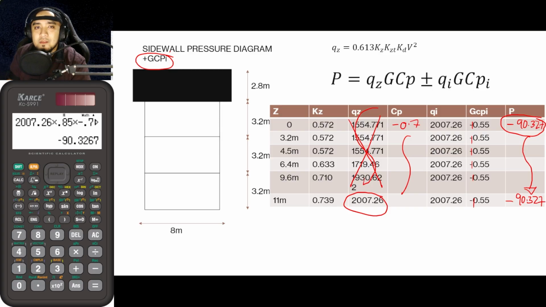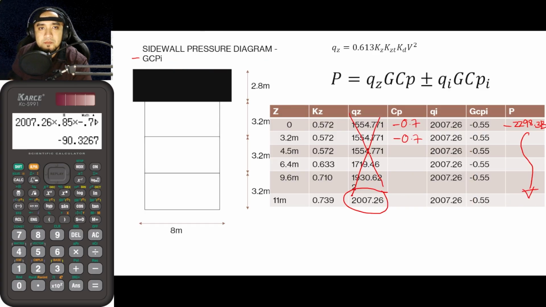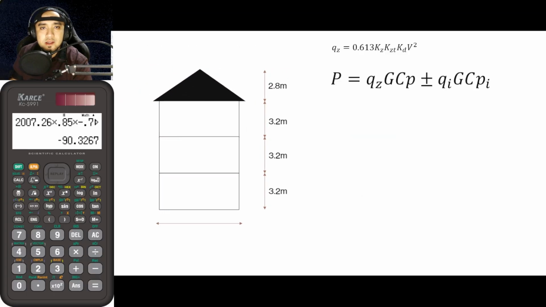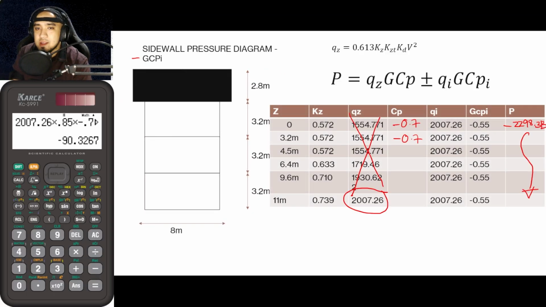Okay? And from that, as you can see from the figure, guys, for the sidewall, notice the difference in our figure. This is from the leeward and the sidewall. The leeward is triangular, but for the sidewall, it became rectangular. Why is that the case?